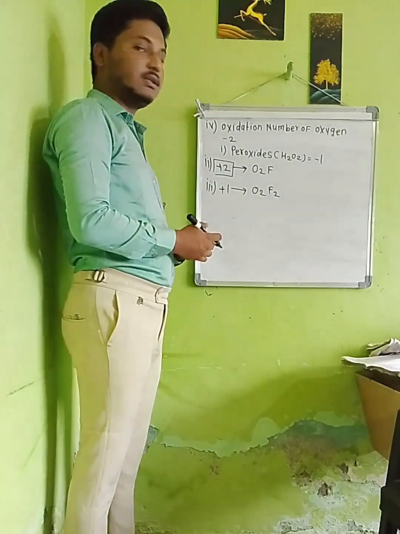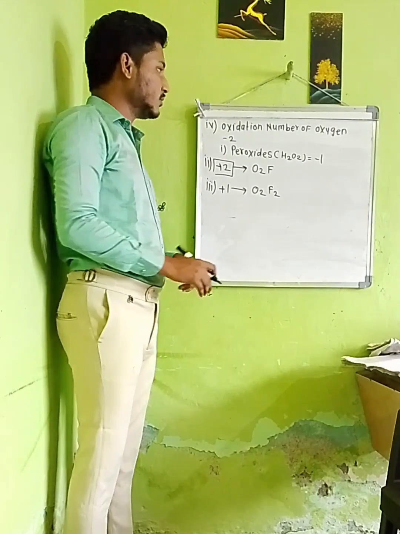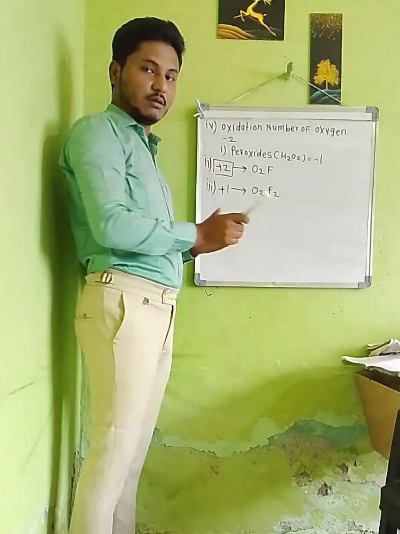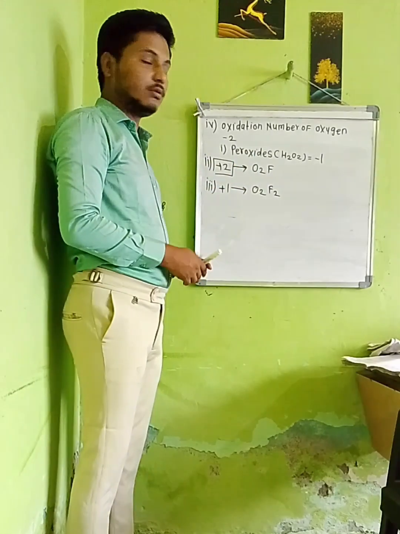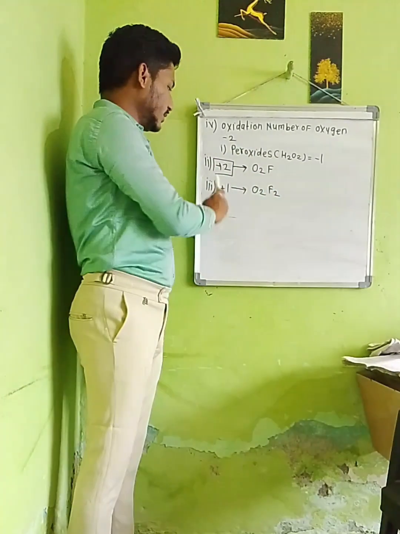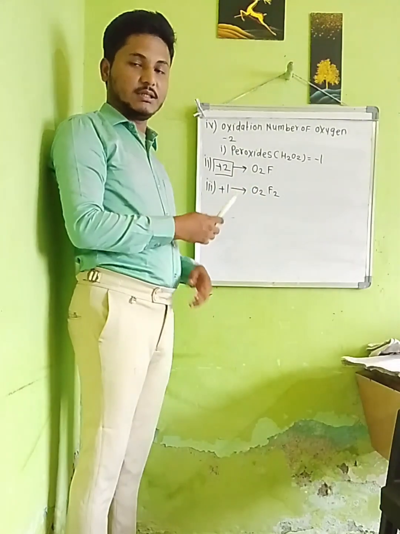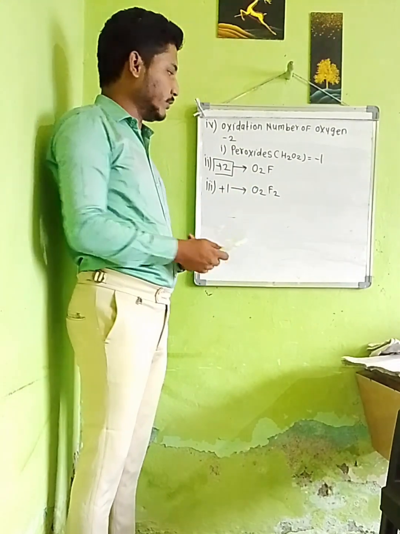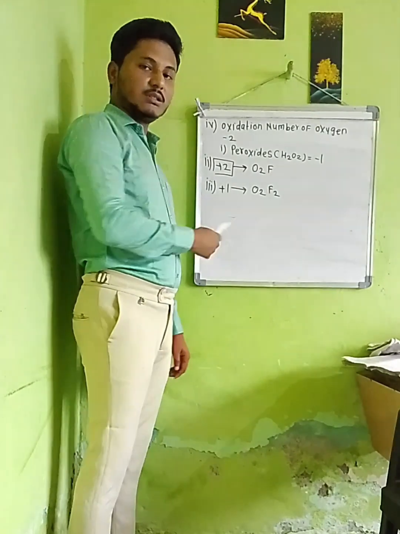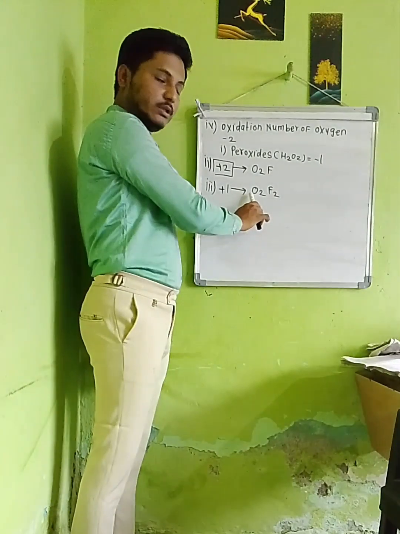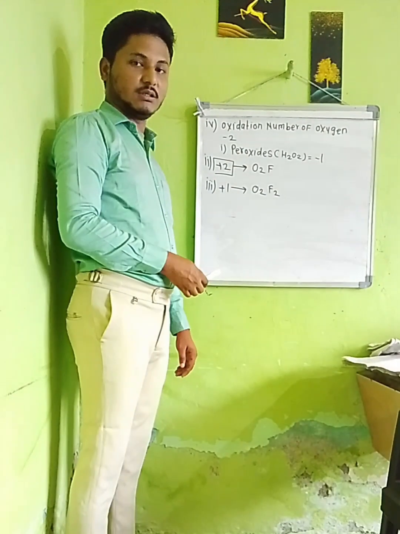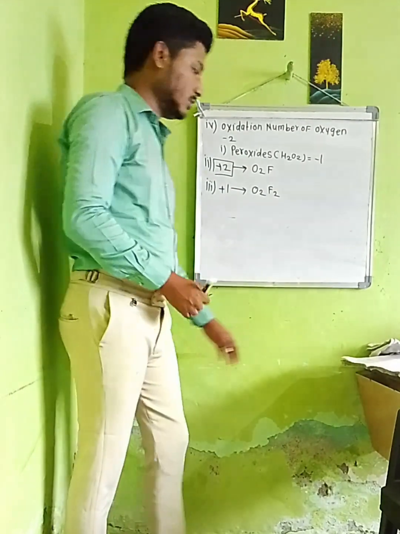So oxygen has 4 different oxidation numbers: -2 in general, -1 in peroxides, +2 when bonded with a more electronegative atom like O2F, and +1 in O2F2. These are the 4 different oxidation numbers of oxygen.